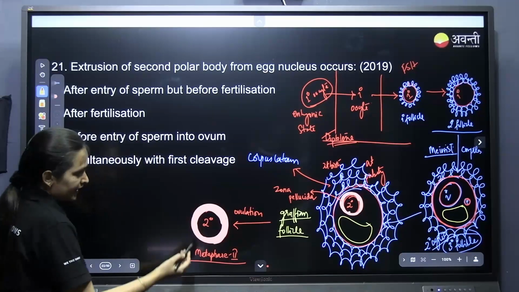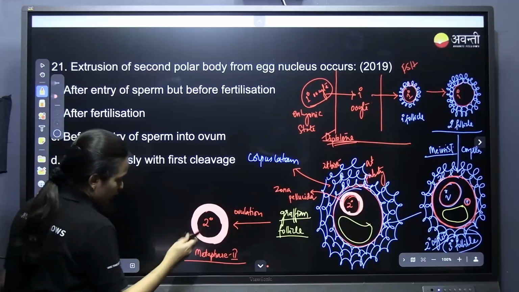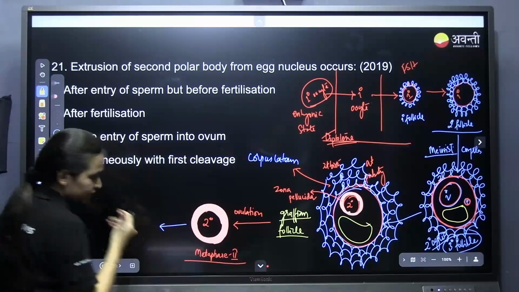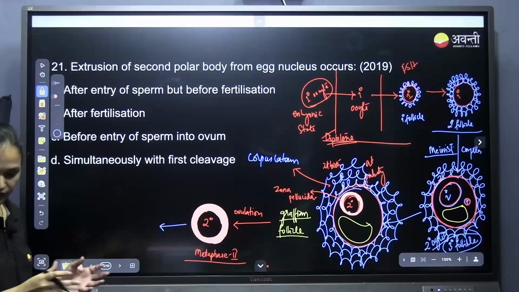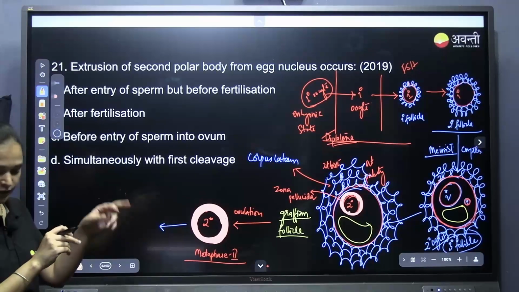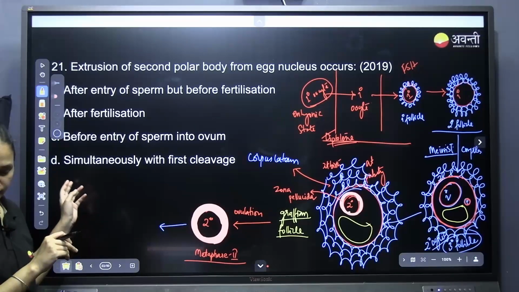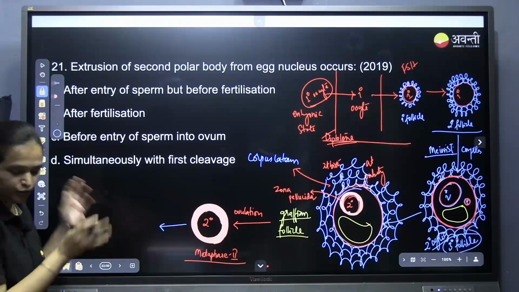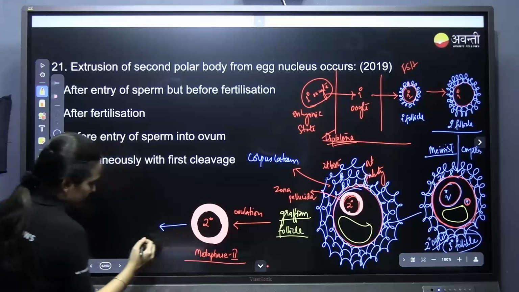This secondary oocyte will be captured by the fimbriae, then it goes to the infundibulum, and then to the fallopian tube ampulla.